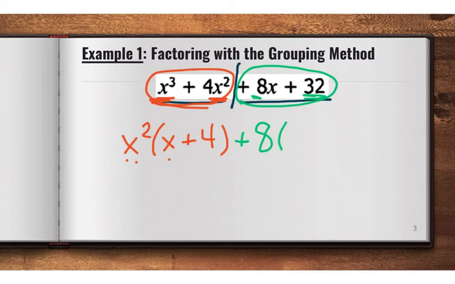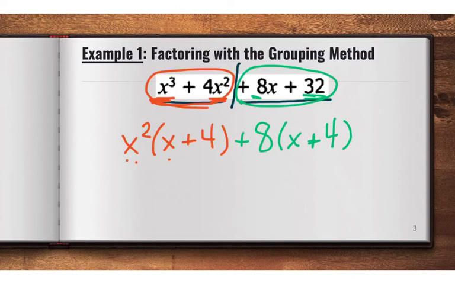So now, again, I'm going to use my distributive property to help me. 8 times x gives me 8x. And 8 times 4, and that's a plus, sorry guys, 8 times 4 gives me 32. Okay, so now I'm looking for those twins.